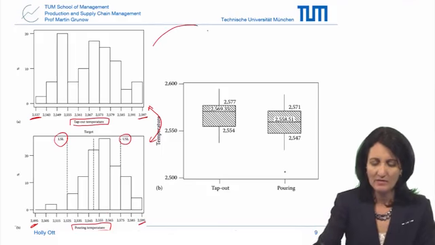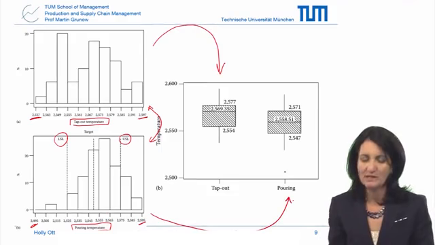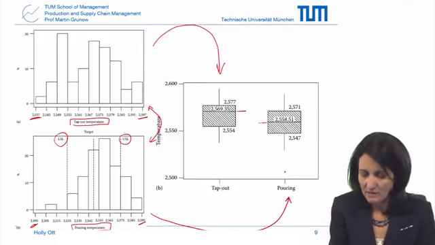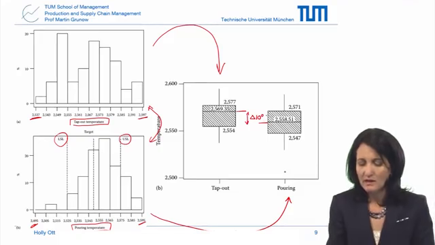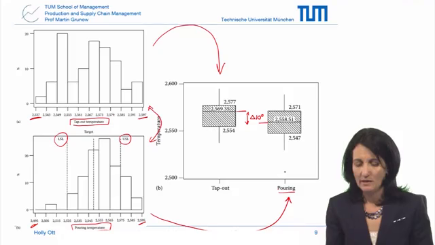And here we have the box and whisker plot of the tap-out temperature and here of the pouring temperature. And here it's very clear to see the median values show a difference of about 10 degrees Fahrenheit. So the pouring temperature is about 10 degrees lower than the tap-out temperature from the data that we see.